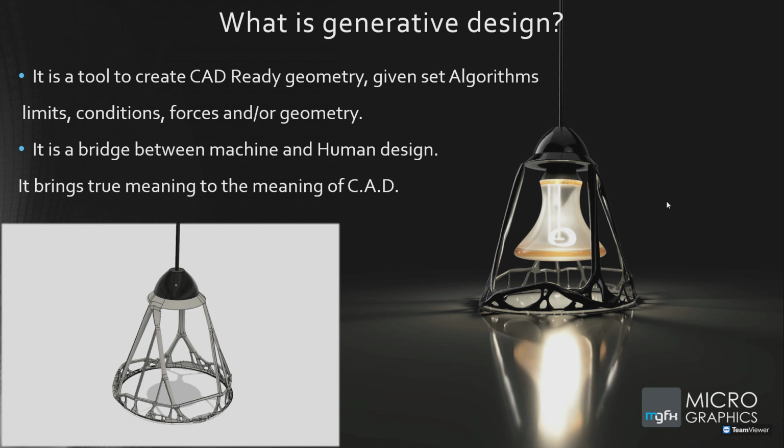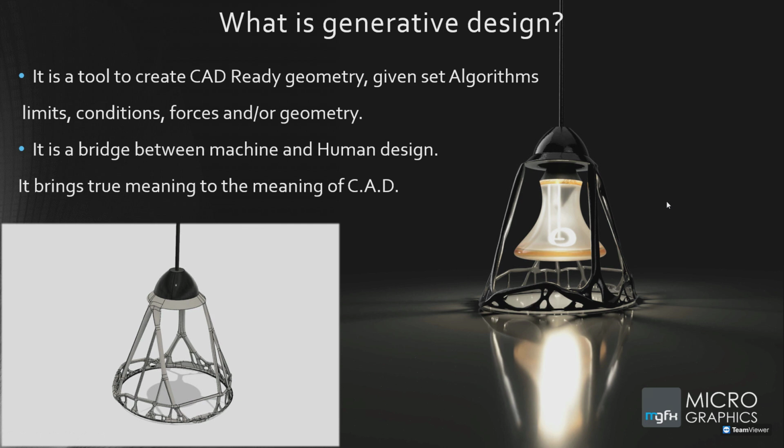It actually bridges between human and machine design, and it creates the true meaning of the word CAD, which is computer-aided design, because at the end of the day, we are allowing the computer to aid us in the design. Because with most of our drawings to date, what we have done is we've told the computer, you go from there to there, or we want this item going from here to the other position.